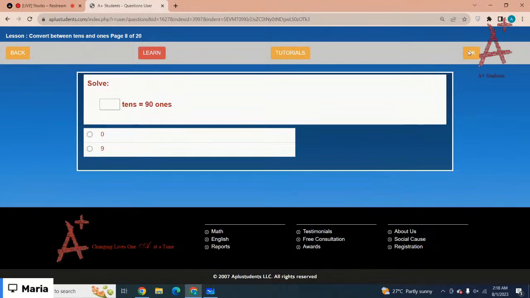Okay, 90 ones equal you have the digit 9 at the tens position, right? That means 90 ones equal 9 tens. The correct option is 9 tens.